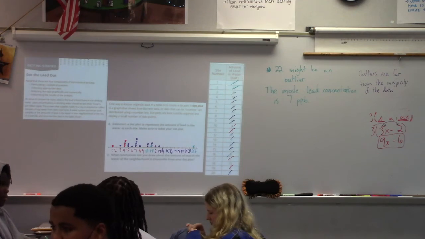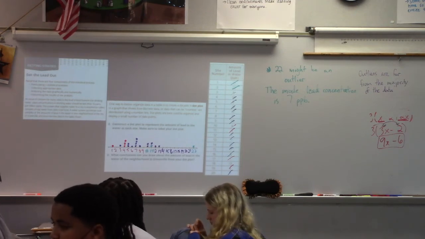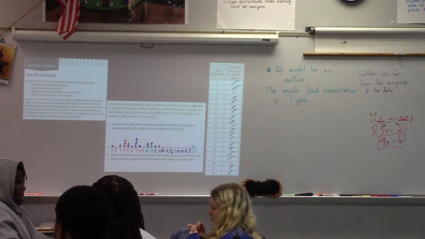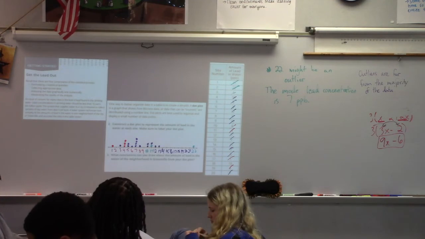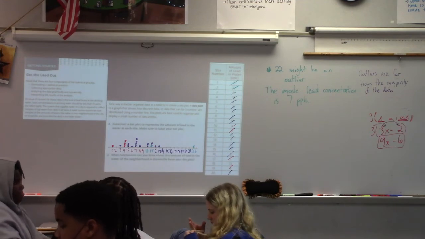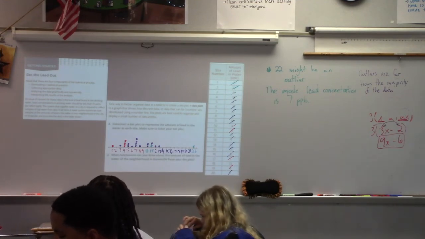The lethal level, but if you look here, it says it needs to be below 15 parts per billion. I realize that's why y'all were talking about 15, wasn't it? Gotcha. Hold on to that. The mode lead concentration is 7 parts per billion. That's important because that means that the most common lead concentration is well below that limit, right?